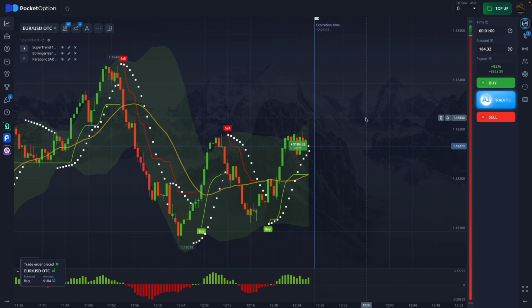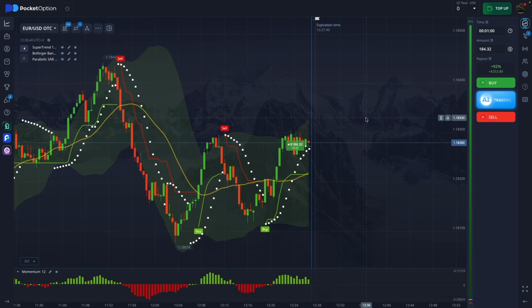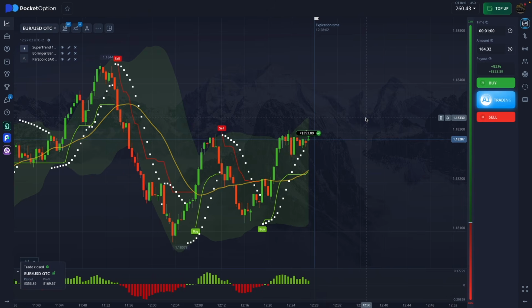So I am entering an up trade. All the indicators on this chart confirm that I can enter an up trade now. So there are a few seconds left before the trade closes, and my trade is also closing in profit.